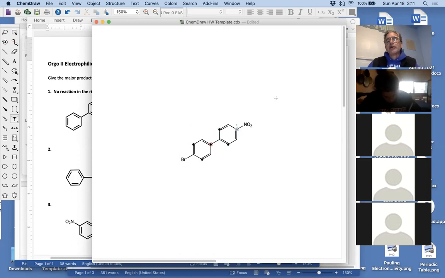The nitro just got a positive charge in one of those resonance structures. So isn't this unfavored? Is this aromatic ring truly activating or not? Okay, so if somebody wanted to argue with me and say the meta would be the major product, well, I wouldn't go into that argument. I'd say, okay, let's run the reaction, find out. So this is a tough one. So meta is entirely acceptable here in my mind.